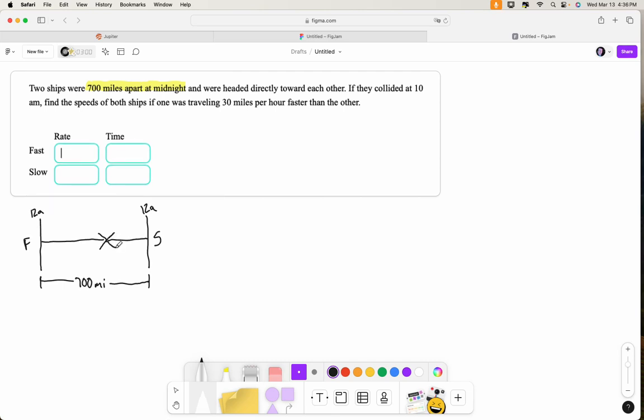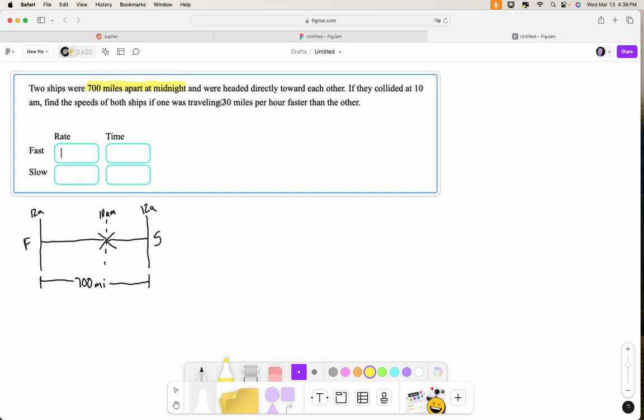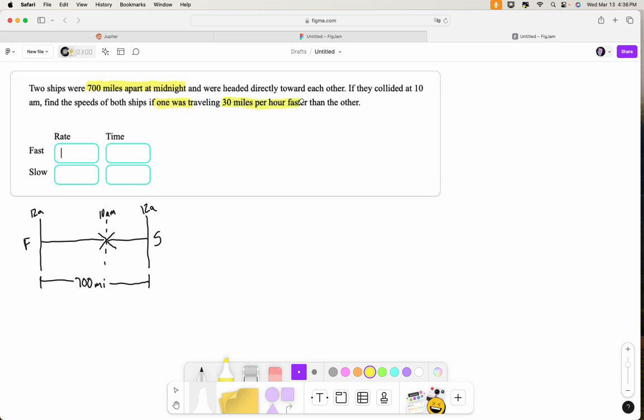Then they're going to meet. If they collided at 10 a.m., so this time right here, this is 10 a.m. Find the speeds of both ships if one was traveling 30 miles per hour faster than the other. So one was 30 miles per hour faster.